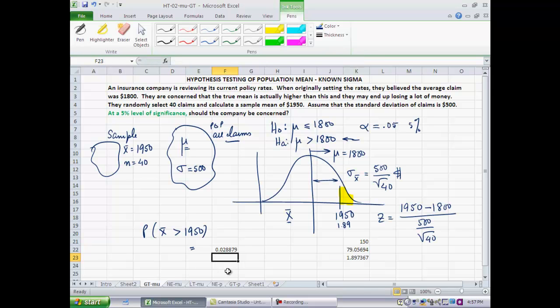So that is equal to 2.8%. Okay, and this is what's called the p-value.